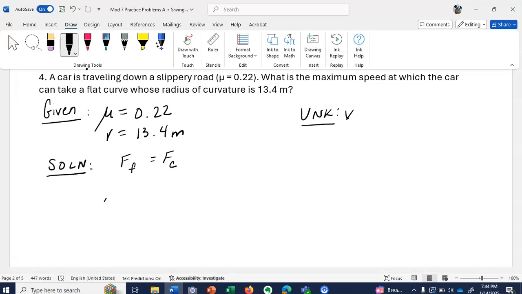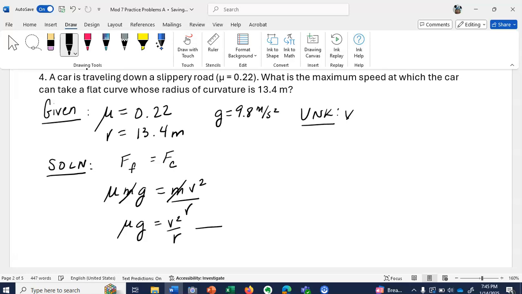We know that the force of friction is mu times mass times gravity, and the centripetal force is mv squared over r. So mass is going to cancel, which is good because we don't have it. We do know that gravity is 9.8 since this is in meters. So we end up with mu times gravity is equal to v squared over r.